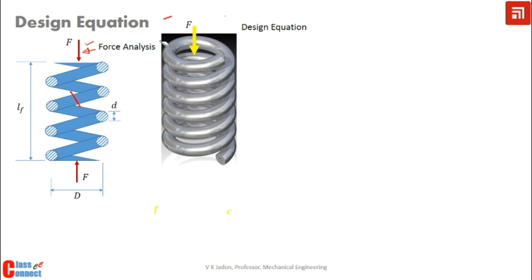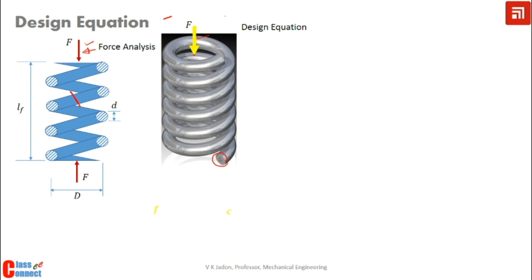We are applying load at the center of this coil, and we are interested in finding out the effect of this load F, which is an axial compressive load, on the spring wire.